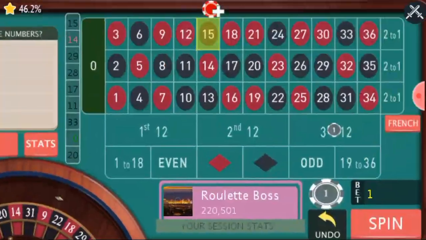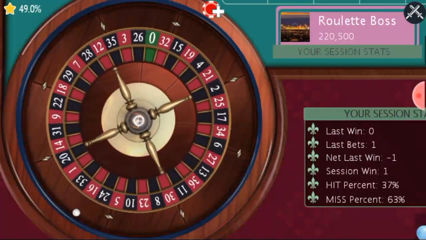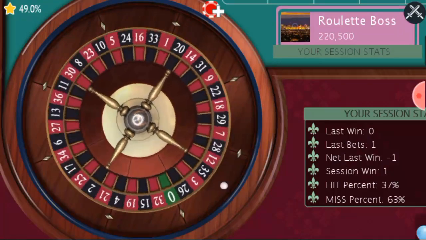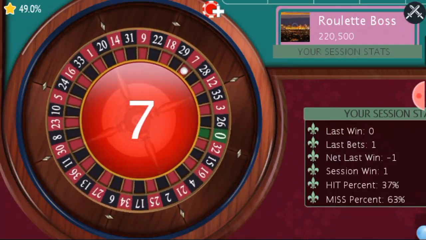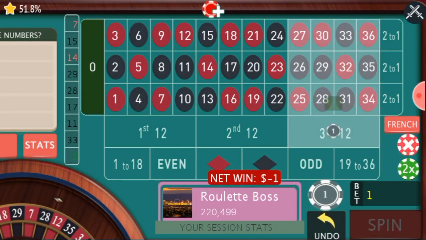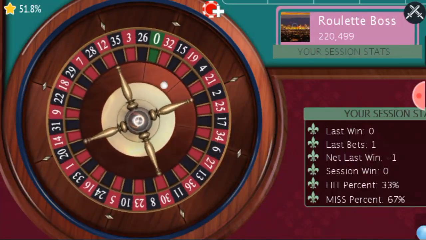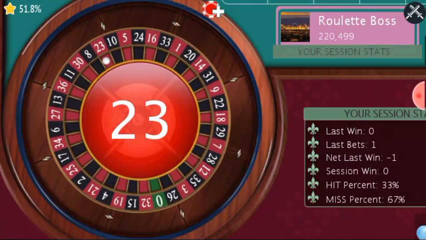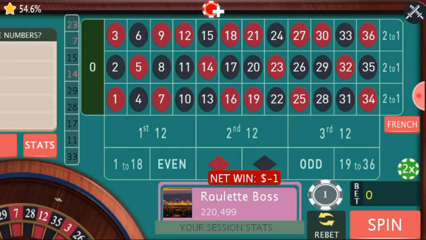I lose spin number 1. Spin number 2. I lose on spin number 2. Spin number 3. So now I increase my bet by 1 unit because I lose on spin number 3.